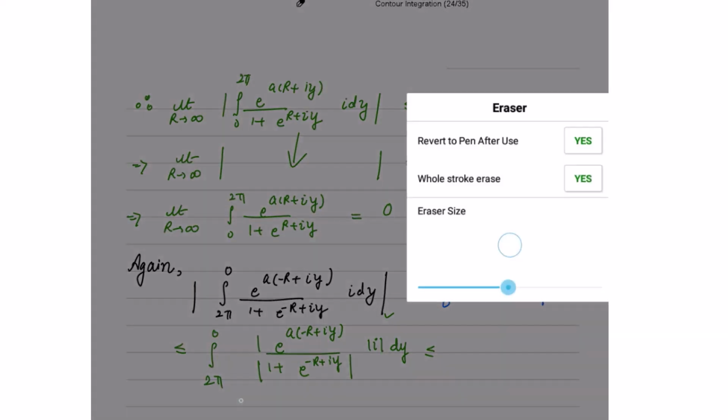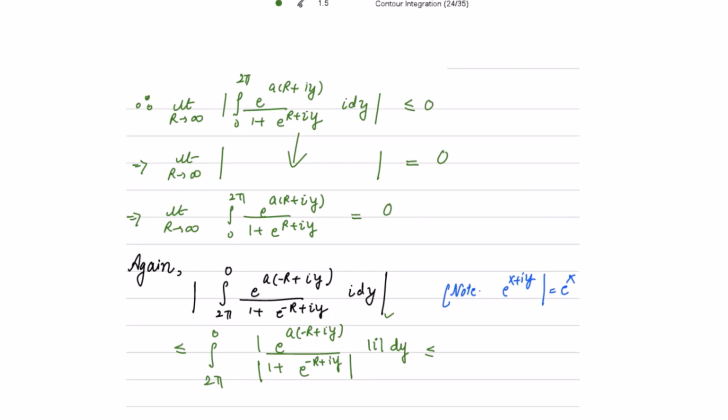So it is easier for me to write this integration as 0 to 2 pi with positive sign only, because I have the mod. I can change the limits inside the mod. I'm having the negative sign, and because I have mod, that negative sign will disappear. So I reached here now.